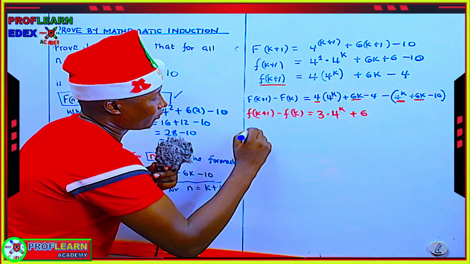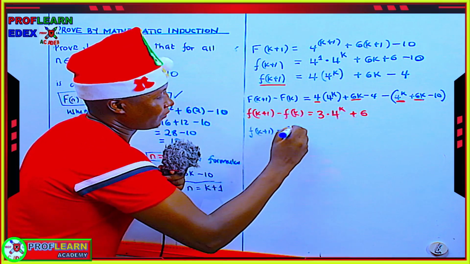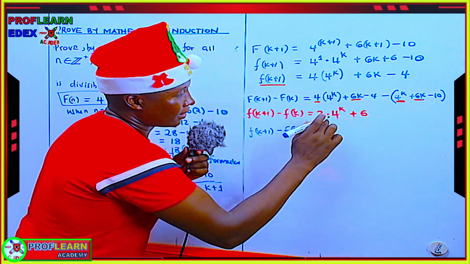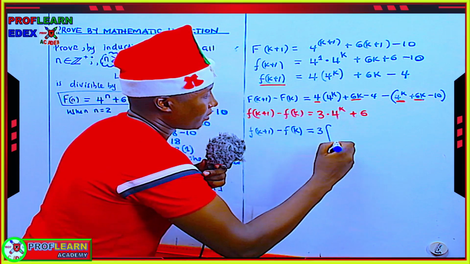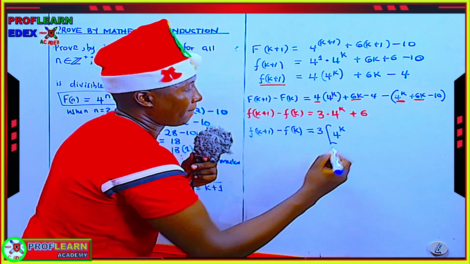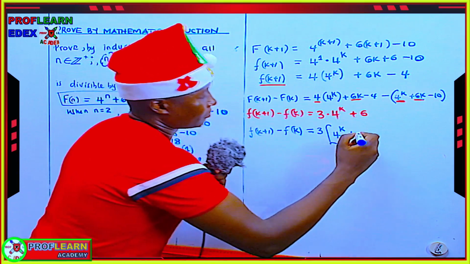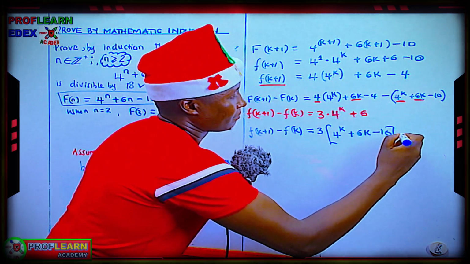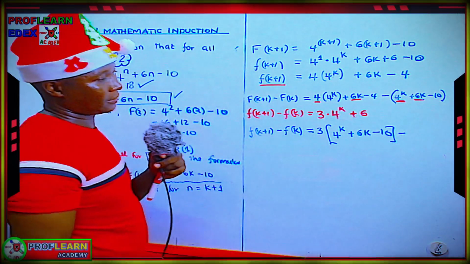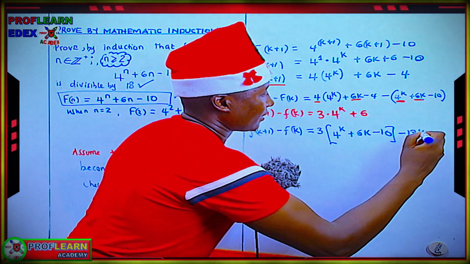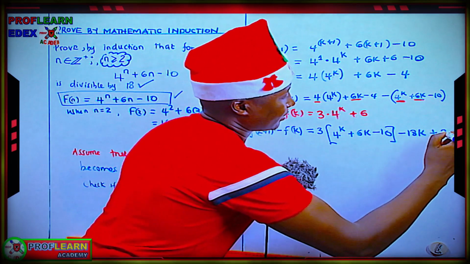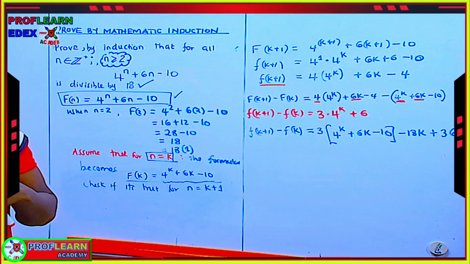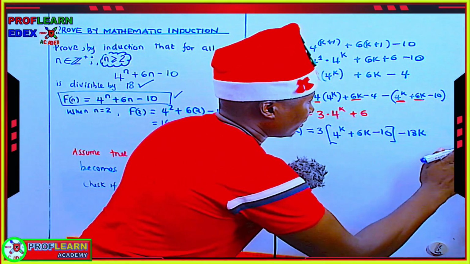So we shall have f of k plus 1 minus f of k is equal to, I can rewrite this expression that I have here as 3 into 4 raised to power k plus 6k minus 10 minus 18k, then plus 36.